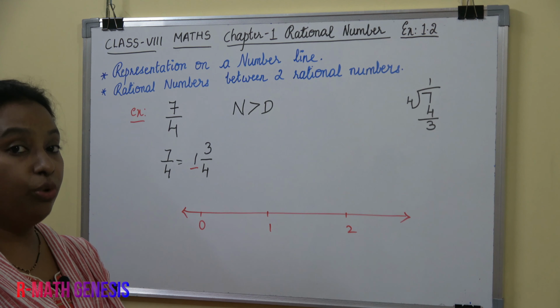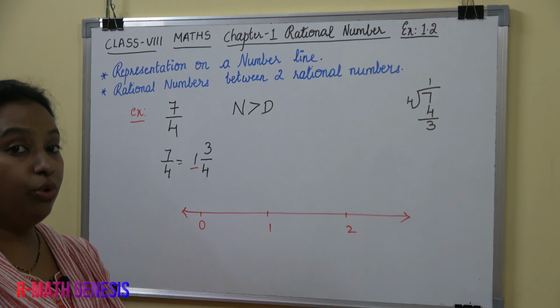Now our rational number is 1 and 3 by 4, so it lies after 1. This will be 1 by 4, 2 by 4, 3 by 4 and this will be 4 by 4. So our answer is this 3 by 4, which is 1 and 3 by 4, or 7 by 4.